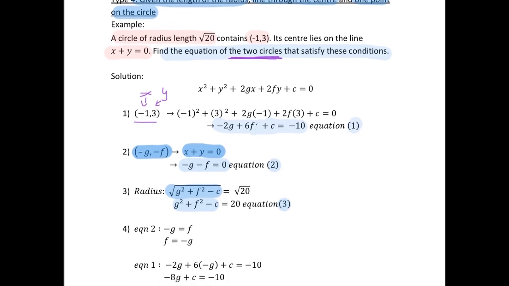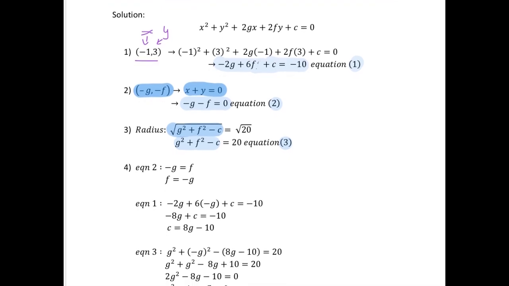Moving along, from equation 2, if we add f to both sides, we get -g is equal to f, or rewriting that, f is equal to -g. If we fill that into our first equation, we get an expression involving just g and c, because our 6f changes to 6 times -g.